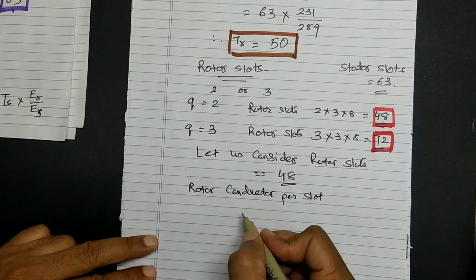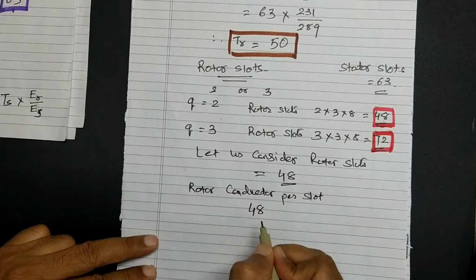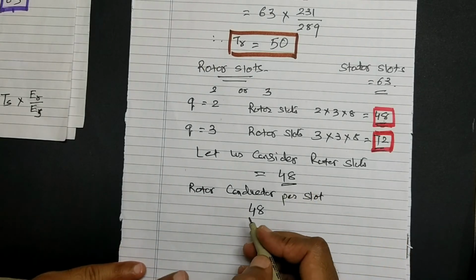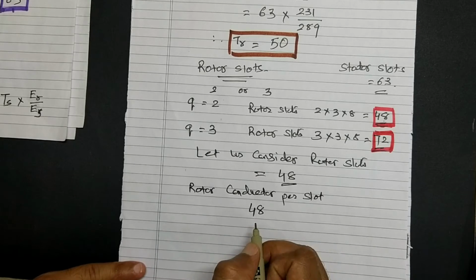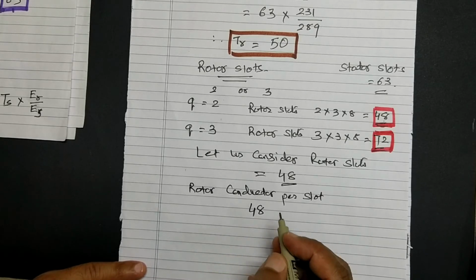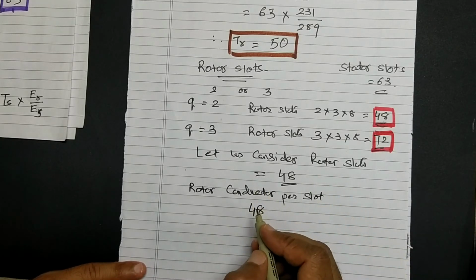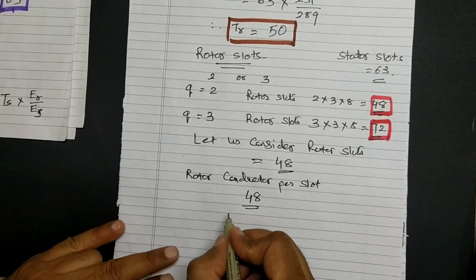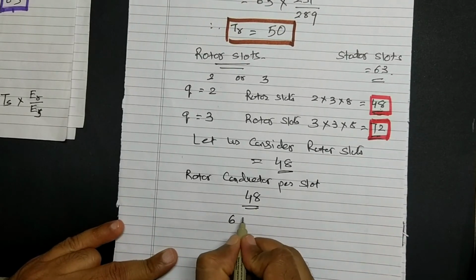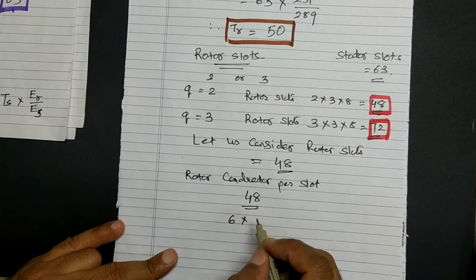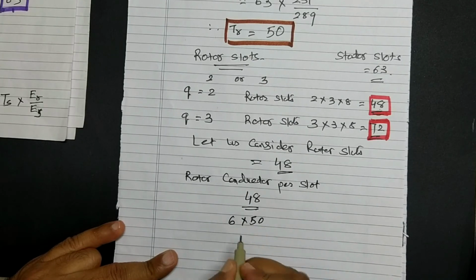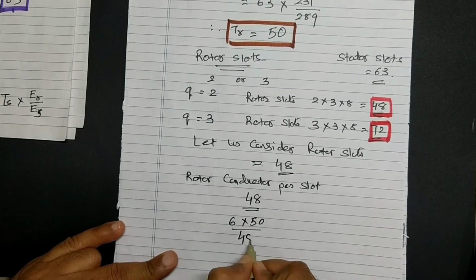So we have 48 rotor slots. Based on this value, we take 6 times the number of rotor turns, that is 50, and divide by the number of slots, right?